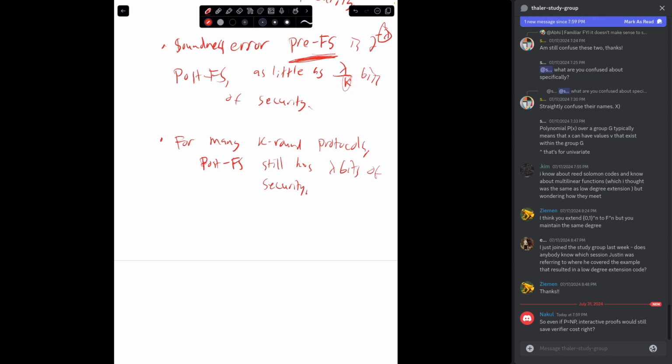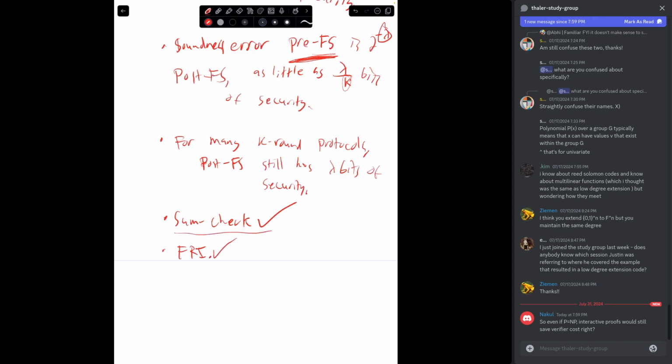This is known for the SumCheck protocol. It has logarithmically many rounds, but you Fiat Shamir it and there's essentially no loss of security. Also, FRI has logarithmically many rounds, and it's now known that if you Fiat Shamir it, you have essentially no loss of security. Both of these statements were not proved that long ago.